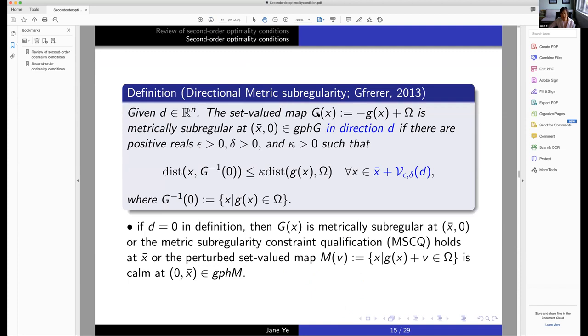We look at the set-valued map, because our constraint is g(x) in omega, so you can construct a set-valued map. We say this set-valued map is metrically subregular at the point in the graph in direction D if this error bound condition holds. Here the difference is that the standard neighborhood is replaced by the directional neighborhood in direction D. If D is equal to 0 in this definition, then it reduces to the standard metric subregularity condition.